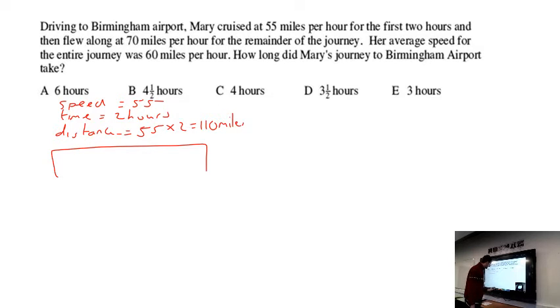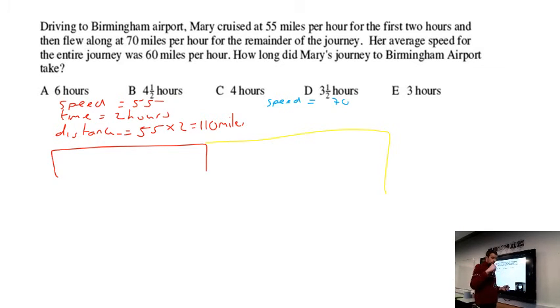Okay, second part, this is going by plane. Okay, speed, what do we know about speed? Speed is equal to 70. Time, I'm going to define t as the entire time for the journey.